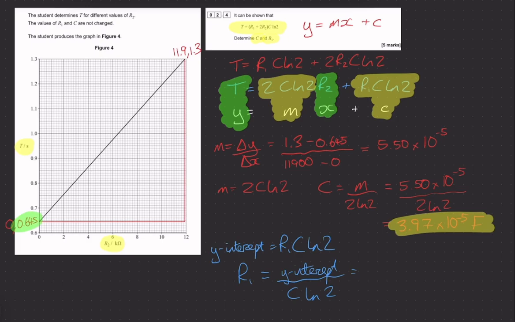We can plug in our values now, 0.645, and our value for c, 3.97 times 10 to the minus 5, multiplied by log 2, and that will give us an R1 value of 2.34 multiplied by 10 to the 4 ohms.